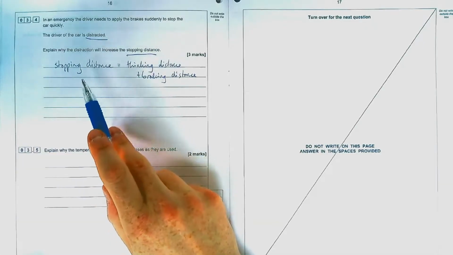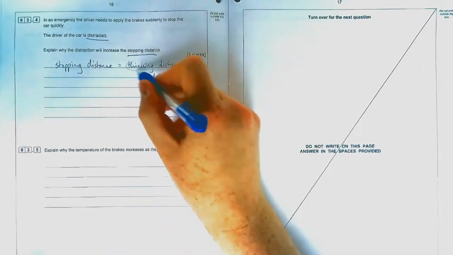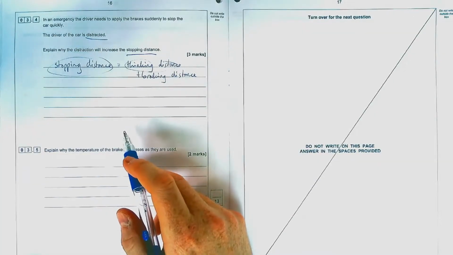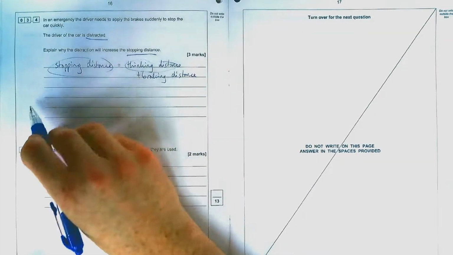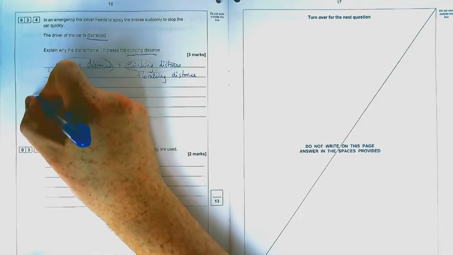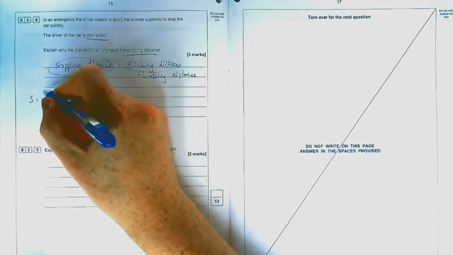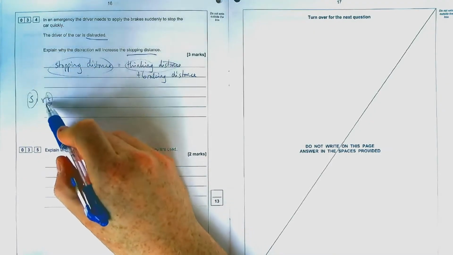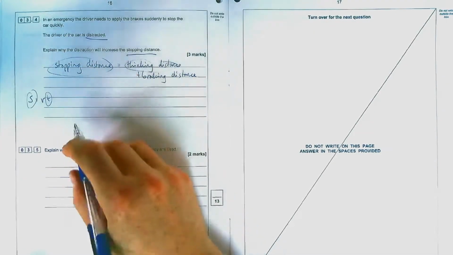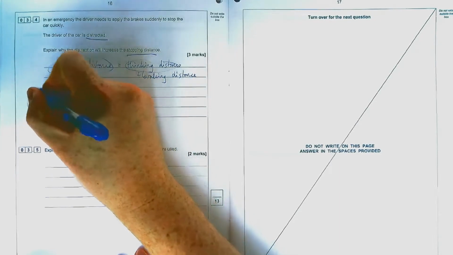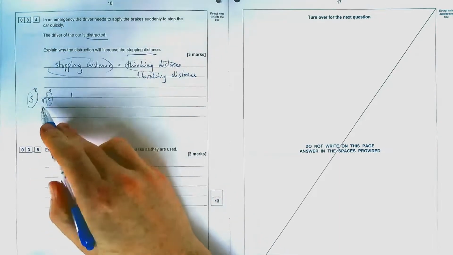Let's talk about the relationship between distance and time and reaction time. Now, we should know, for a person going at a constant speed, essentially if time increases, that means there'll be increased thinking distance. So the reaction time will increase before the driver applies the brake.